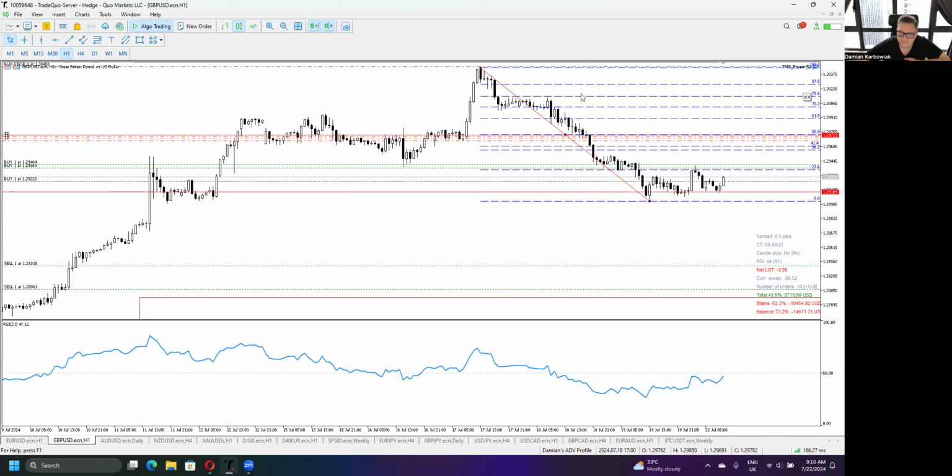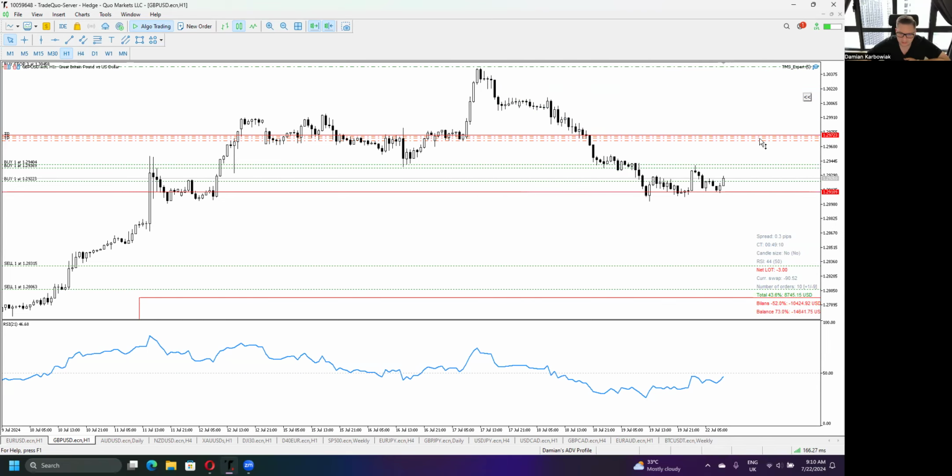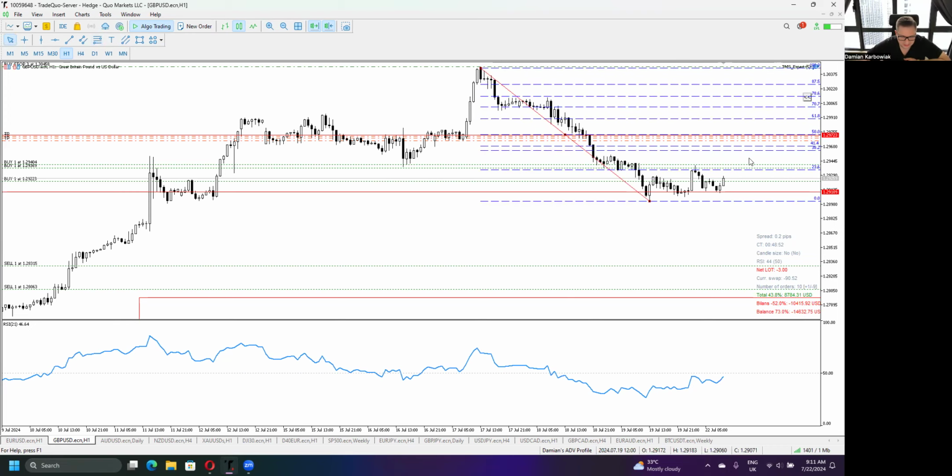But if you don't have any trades, I suggest to wait until at least shallow A. This is the minimum they should go to. This is the shallow A, but as you can see, all of my take profits are between shallow A and the 50%. Most probably, once the price touches the level of shallow A and creates some candle formation, for safety reasons, I will close all of my buy trades and then wait until the price goes to the 50% to enter sell.